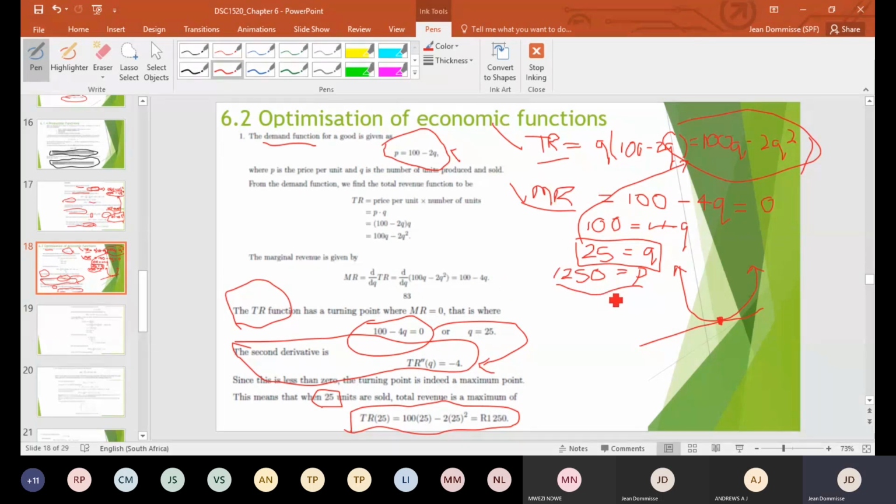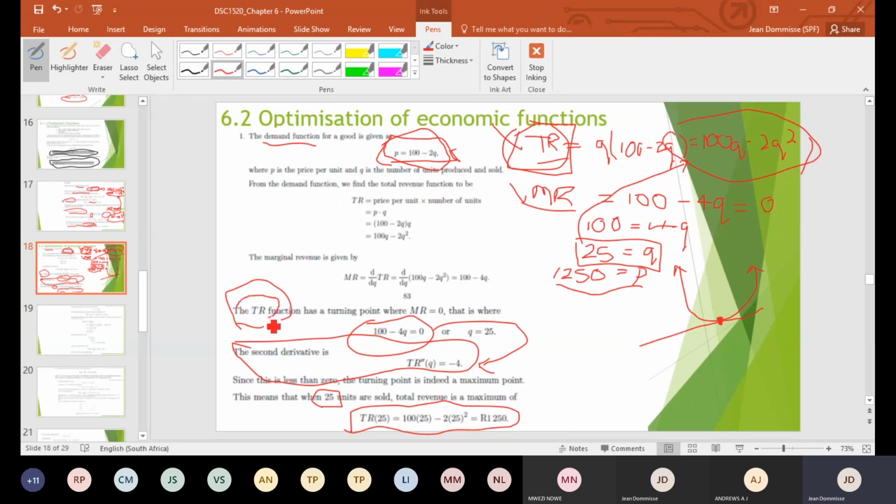Remember with a question, why don't we put it into the original? Your original is your total revenue. So your original is the one that we still need to calculate. That was only your P. So we need to work with your original, which is your total revenue function.